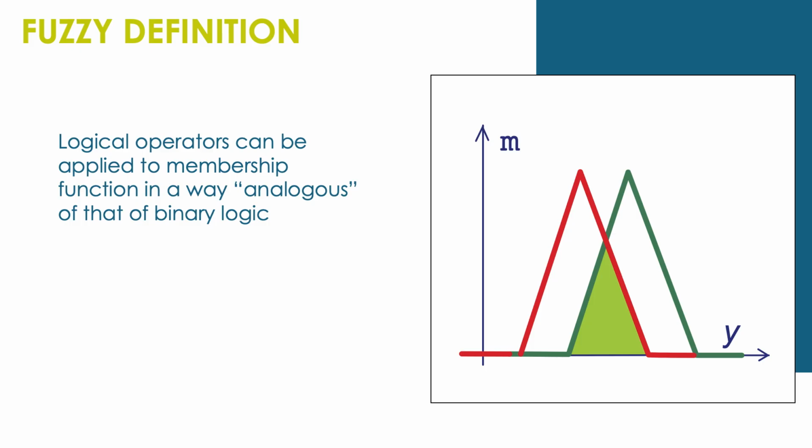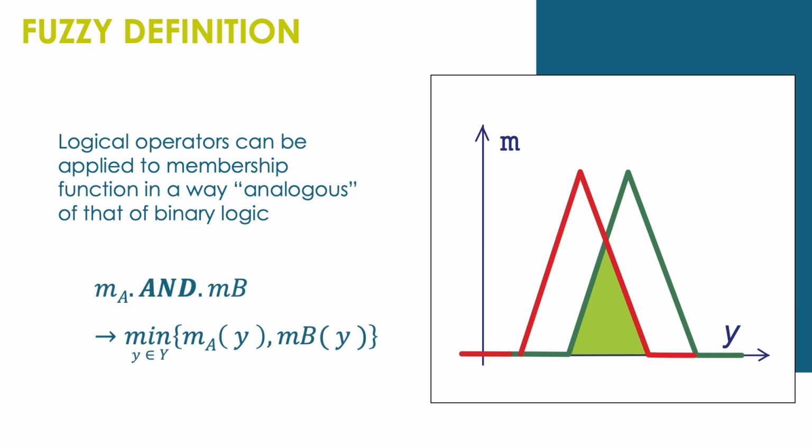So actually the green region in the graph tells us that there are some values along the y-axis that can be satisfying partly the red criterion and partly the green criterion. So in this case, if we have two membership functions, one for the red, for instance, is m sub a, and the green one is m sub b, and we apply the AND operator in fuzzy logic, it is something like the minimum between the two functions.